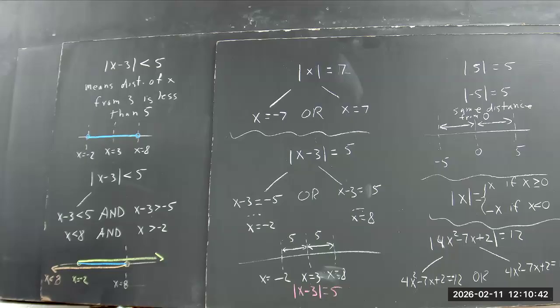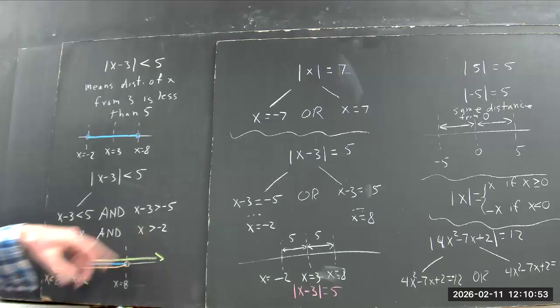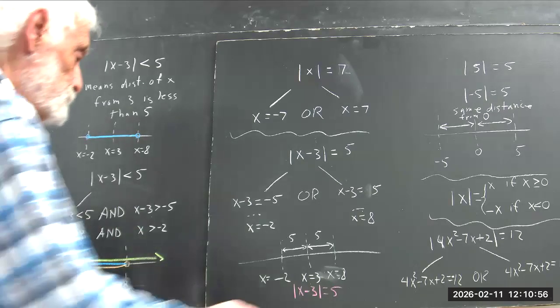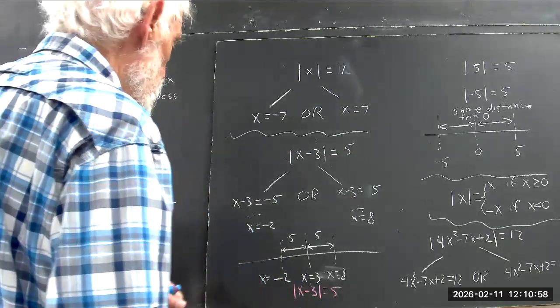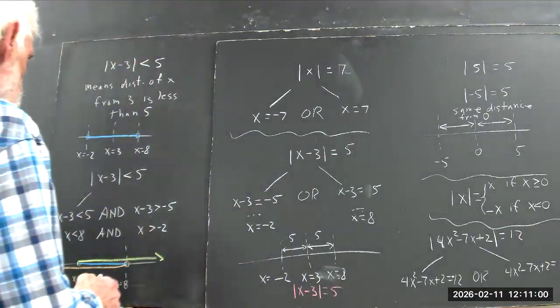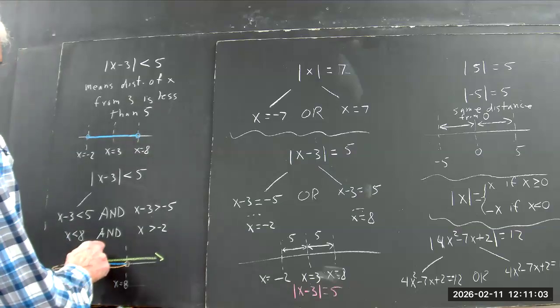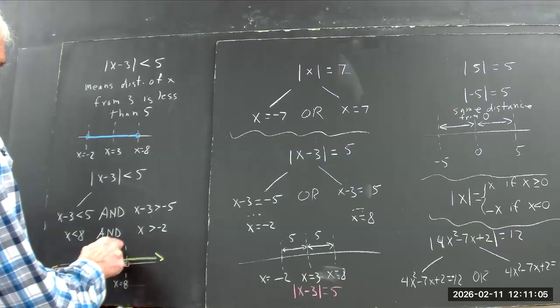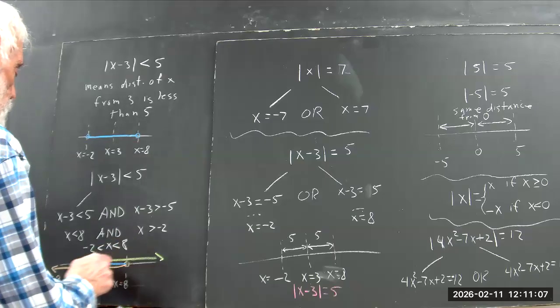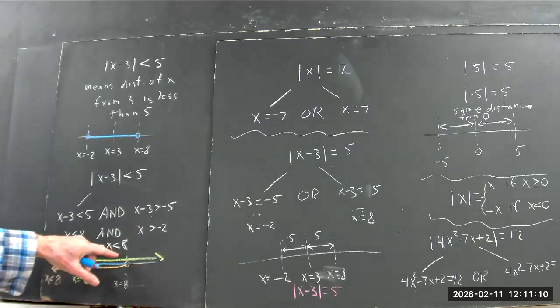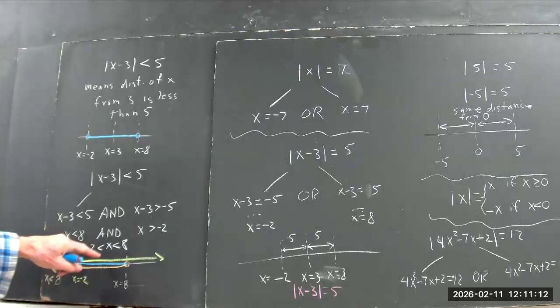But of course, if you're vision impaired or just not very good at visualizing, we have the rule. It's got to be less than 8 and greater than negative 2. And we can write that as negative 2 less than x less than 8.